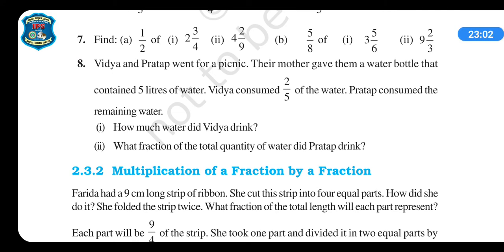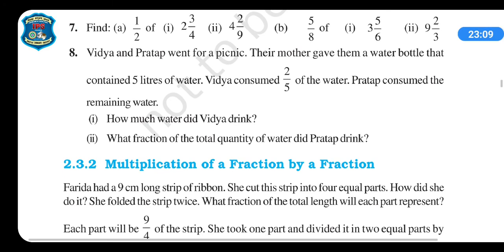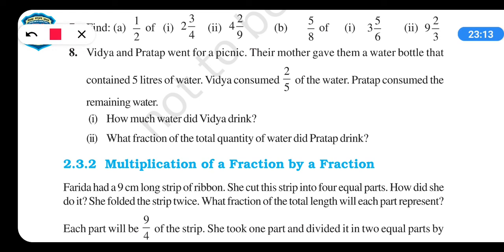Now let us see 8th part, last question of this exercise. The question is, Vidya and Pratap went for a picnic, right? Their mother gave them a water bottle that contained 5 liters of water.